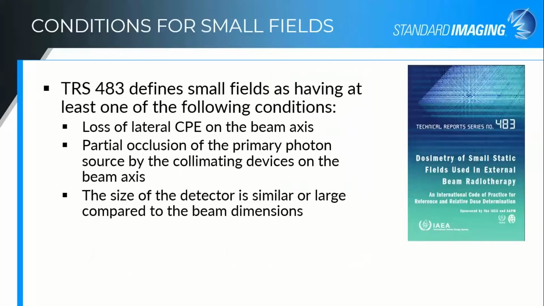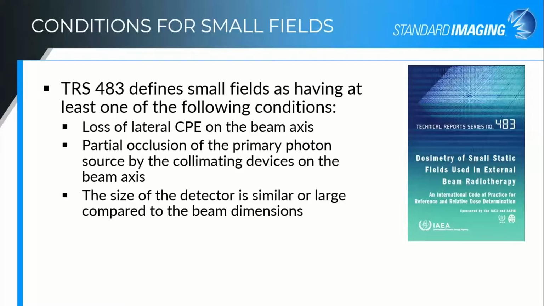So what is a small field? TRS 483 defines small fields as having at least one of these conditions: either loss of lateral CPE on the beam axis, or partial occlusion of the primary photon source by the collimating devices, again on the beam axis, or the size of your detector is similar to or large compared to your beam dimensions.